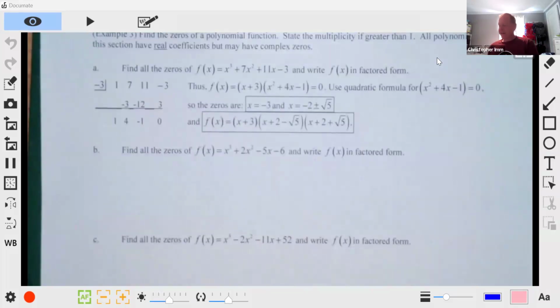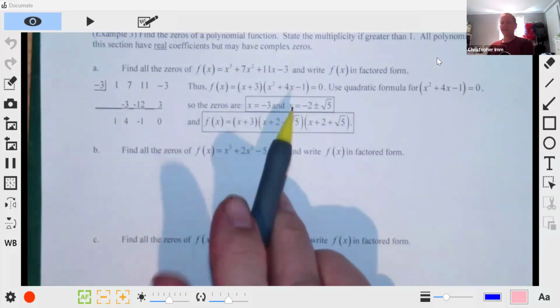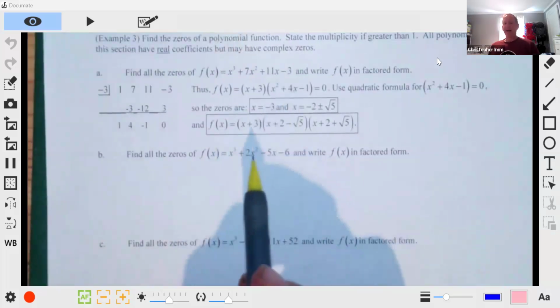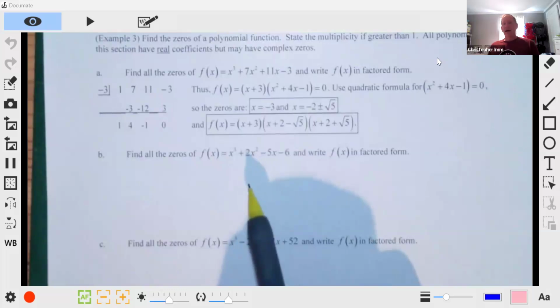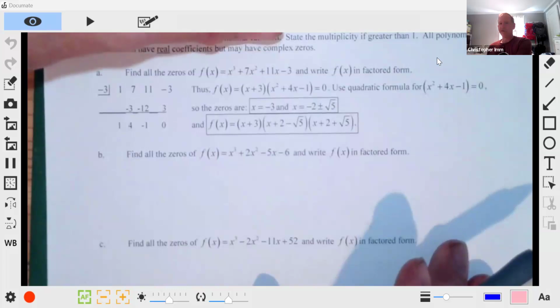Okay, so now we are going to be given functions that aren't factored, and we're going to be tasked with finding all those zeros and factoring the function out. I did the first one for you just to sort of illustrate the process that we will do.